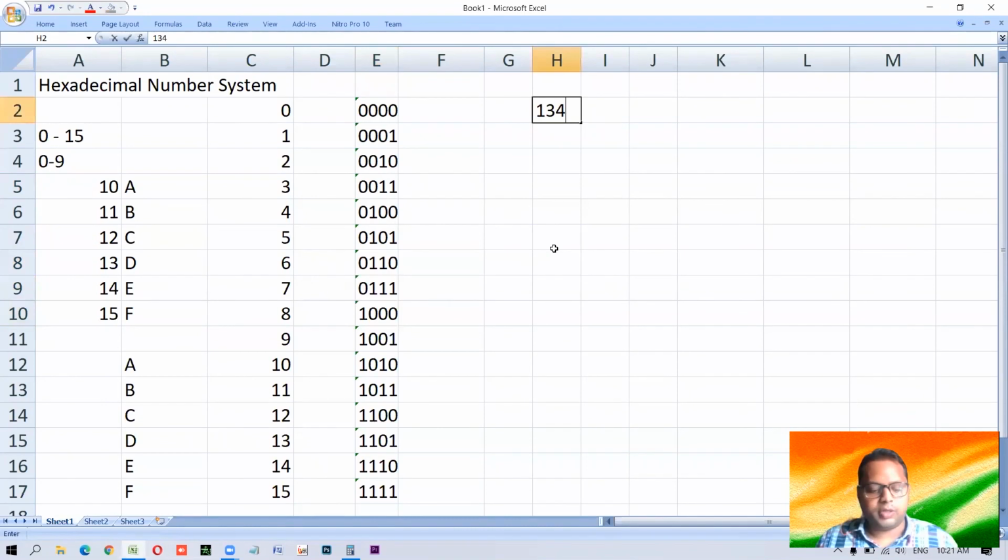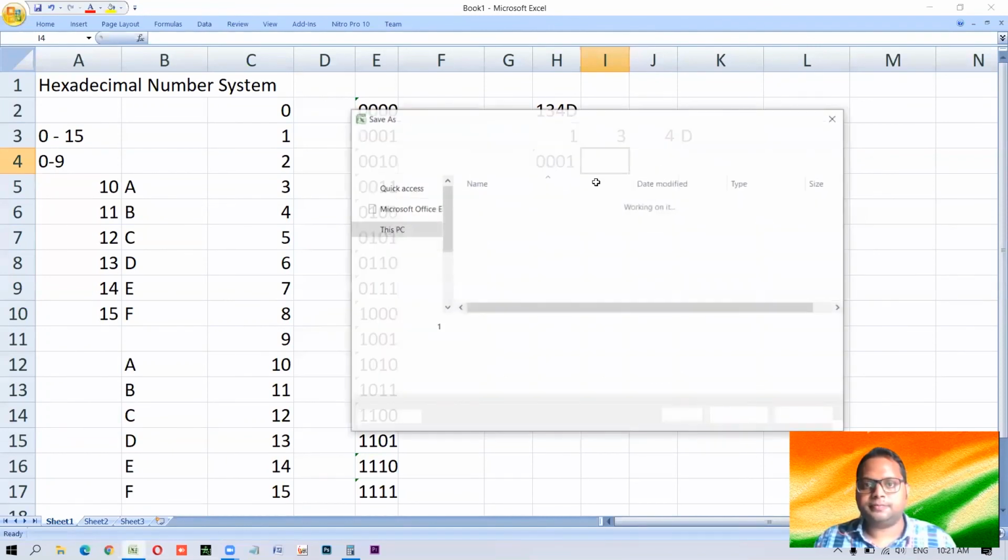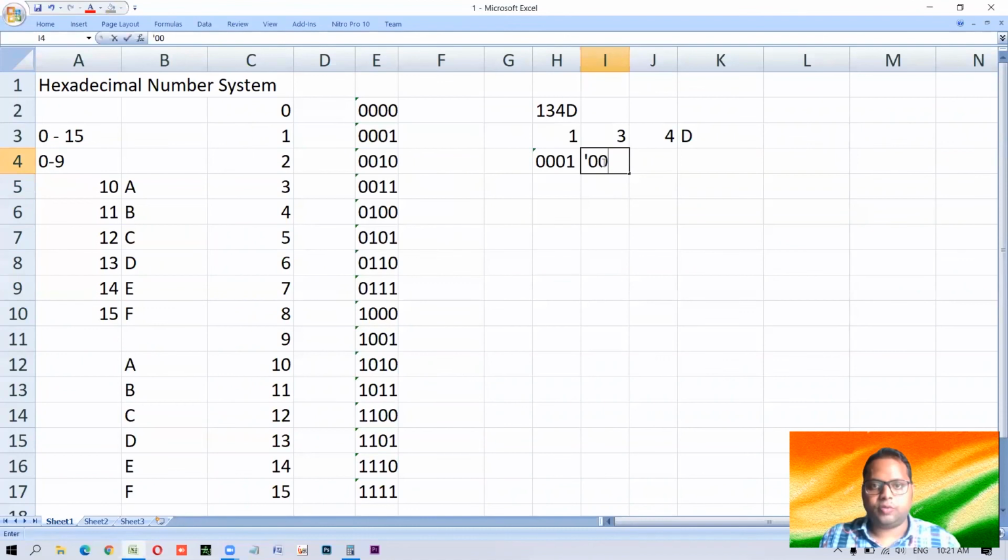Now what is 1 3 4 D? So what we have is 1, 3, 4, and D. What is the code of 1? Look at this. We have 0 0 0 1. Now for 3, what do we have? We have 0 0 1 1.